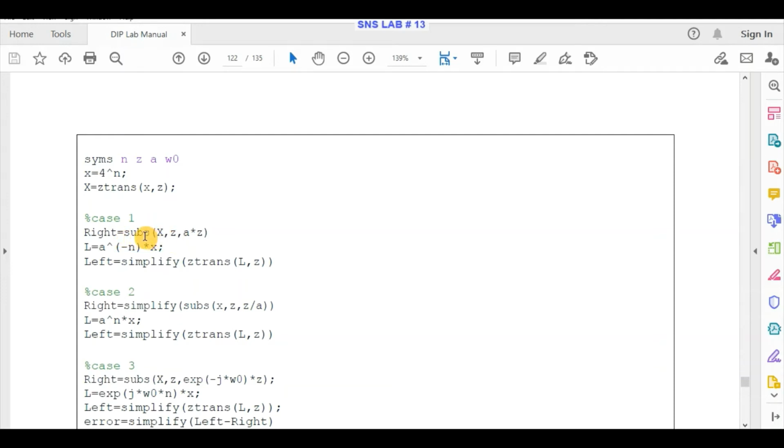This command will substitute the z with a multiplied by z, whereas on the left hand side we need to multiply a power minus n multiplied by x.